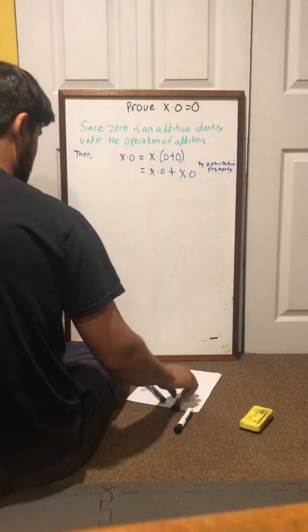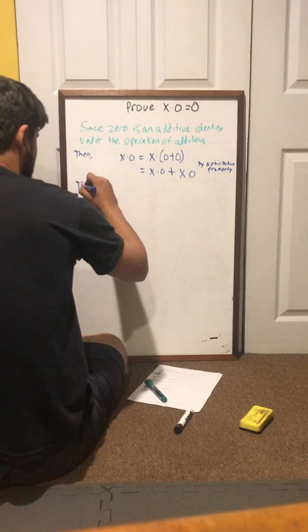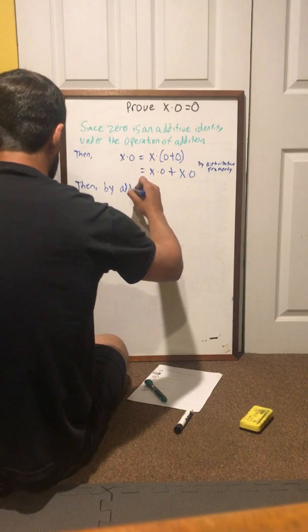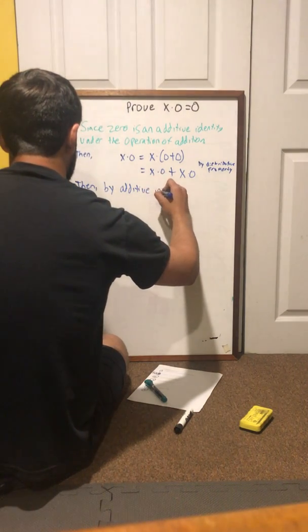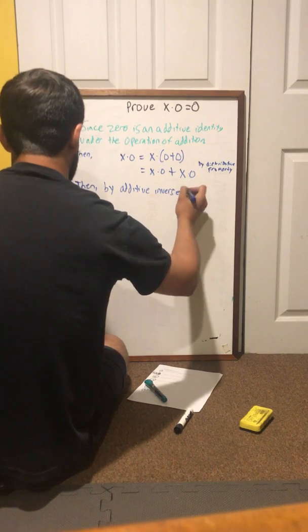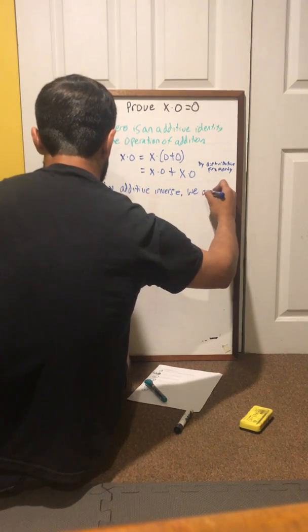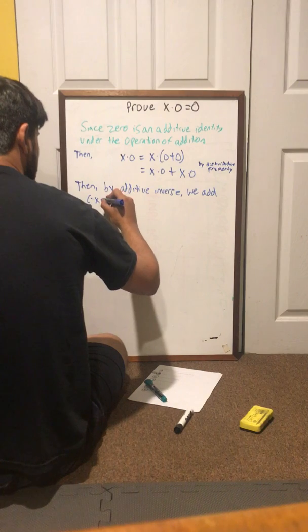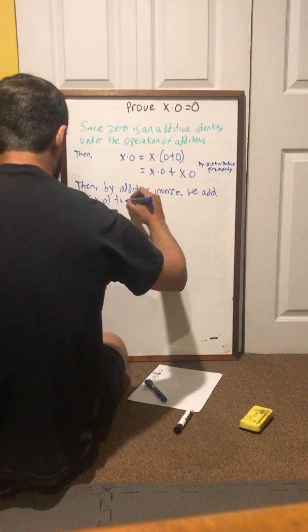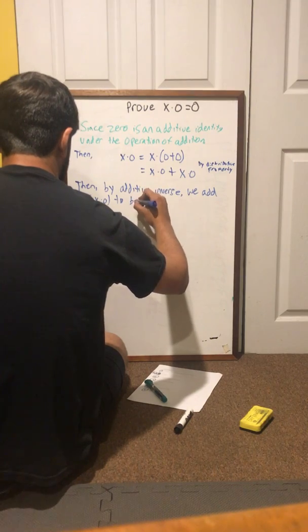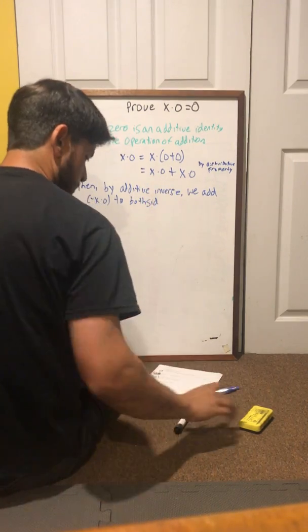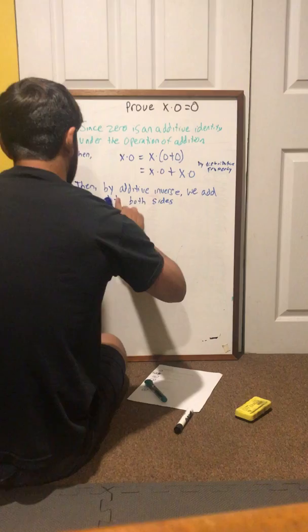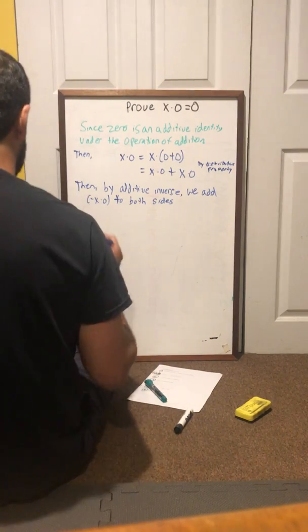Now, we're going to say that then by additive inverse, we add negative x times 0 to both sides.